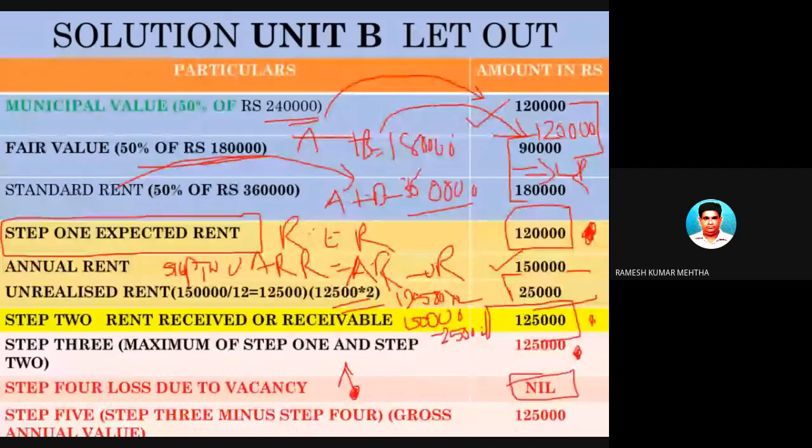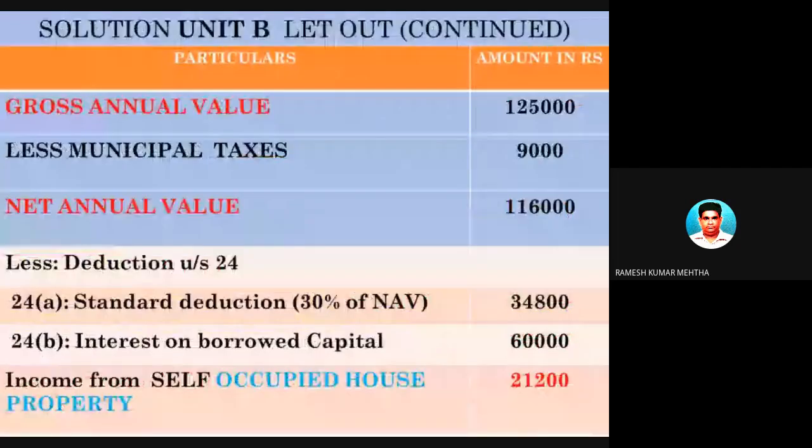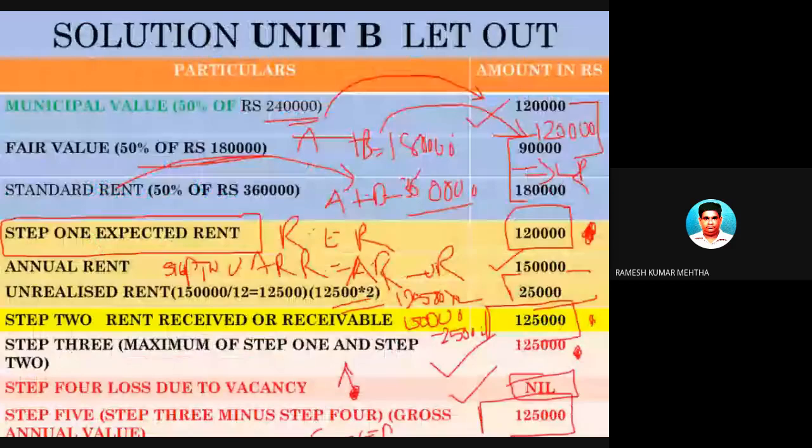So step 5 is step 3 minus step 4, that is 1,25,000 minus nil, equal to 1,25,000 rupees. So you got income from house property of unit A as a 60,000 rupees loss, and for unit B it is 1,25,000 rupees.